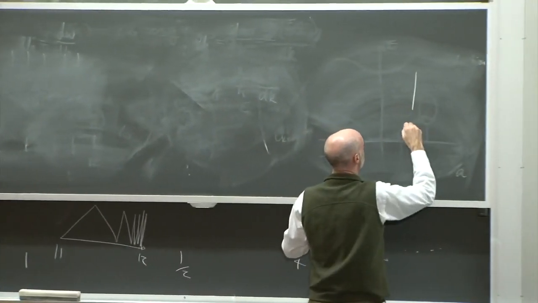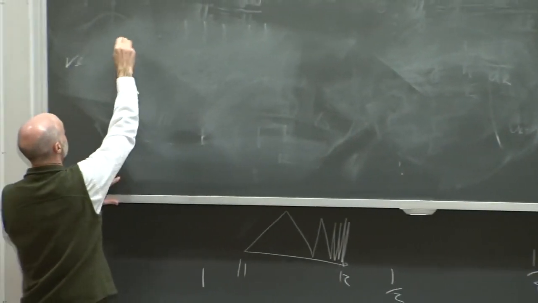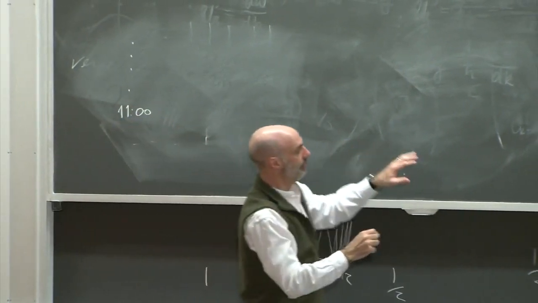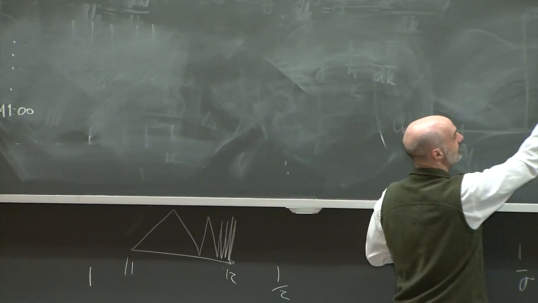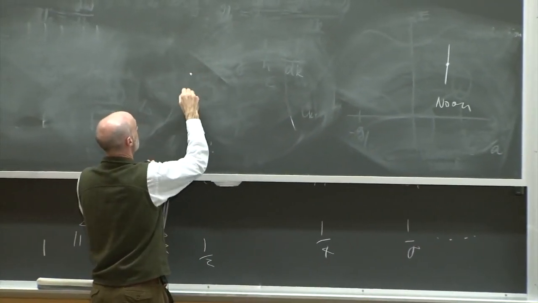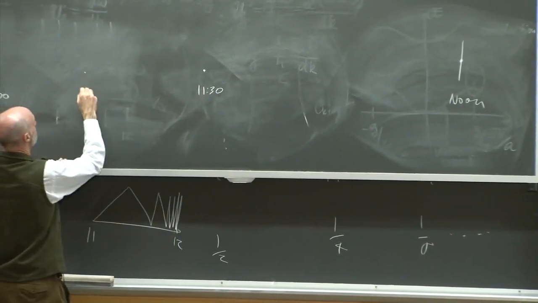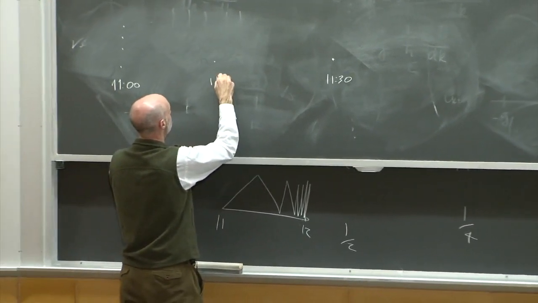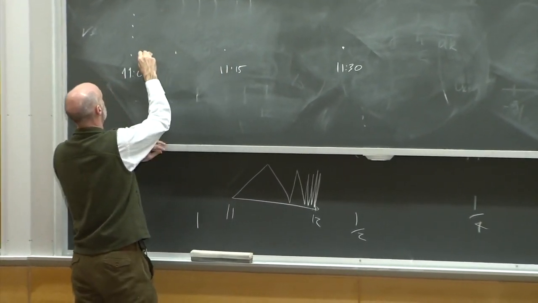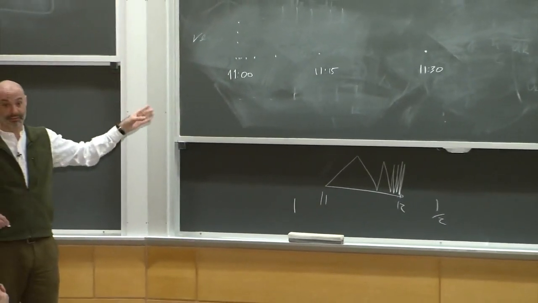Okay, so here we have noon, and here we have 11. The first person is going to have to answer their question at noon. The second person at 11:30, then 11:15, and so forth. But of course, there's no one at 11, so it's a reverse omega sequence.